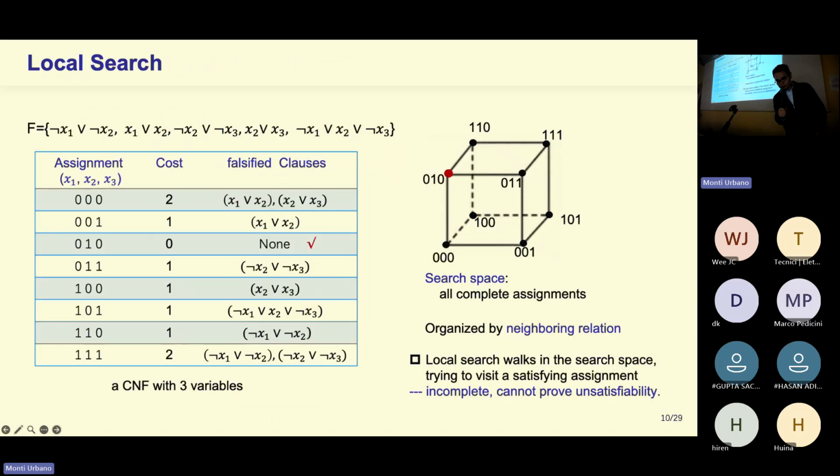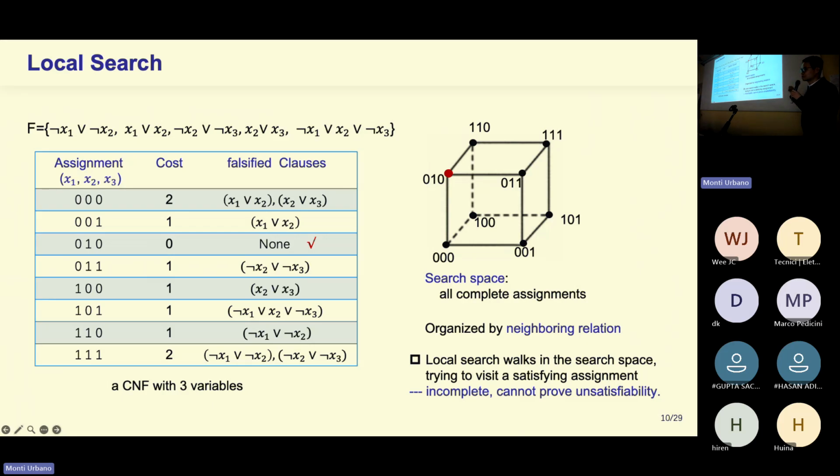Now we turn to the second method called local search, and this is much simpler. Given a formula F, local search organizes all the possible complete assignments. Actually, it organizes the truth table into a supercube, into a network. For example, on the right-hand side, we get a cube. We get 8 points corresponding to 8 possible assignments for 3 variables.